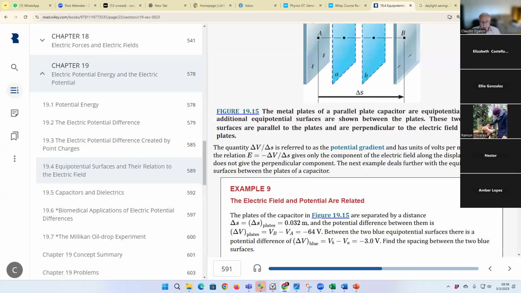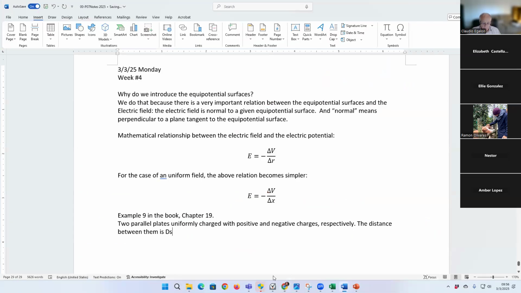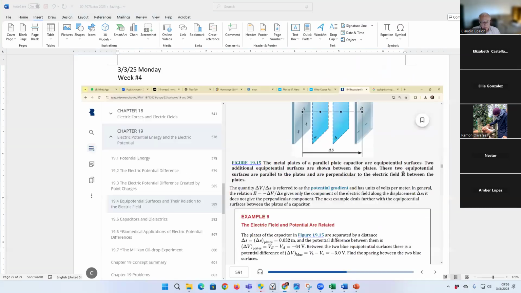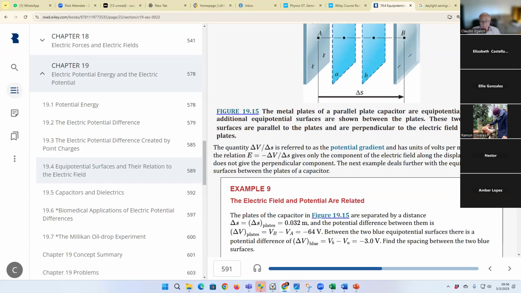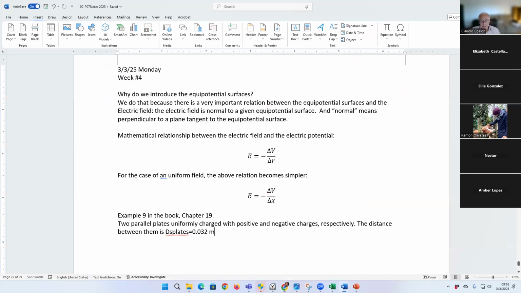That's it. Delta S between the plates is 0.032 meters, which is 3.2 centimeters. A little bit more than an inch.